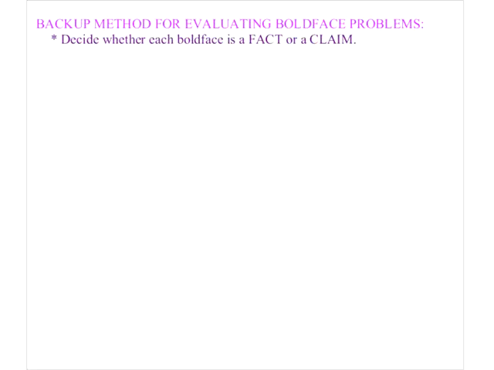All right. In most cases, this will be easy. For example, if you say something like the unemployment rate in January was twice the rate last May, that is very clearly a fact.